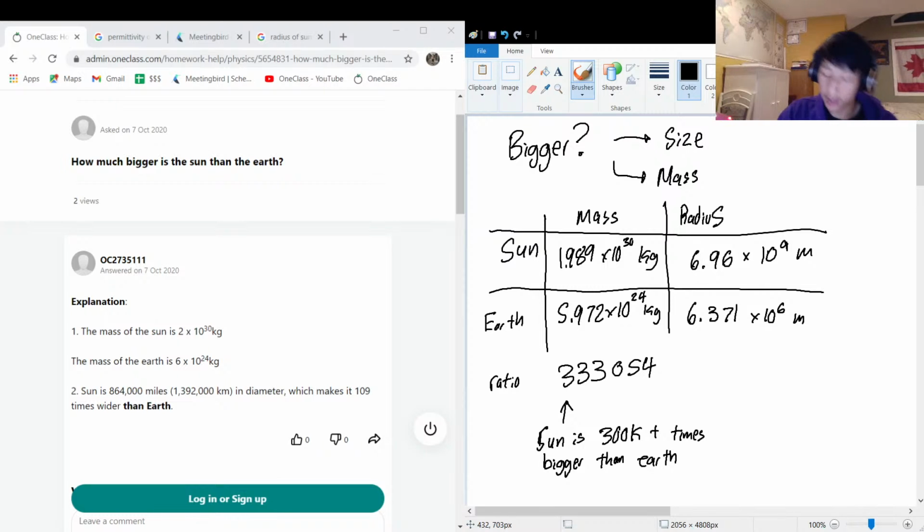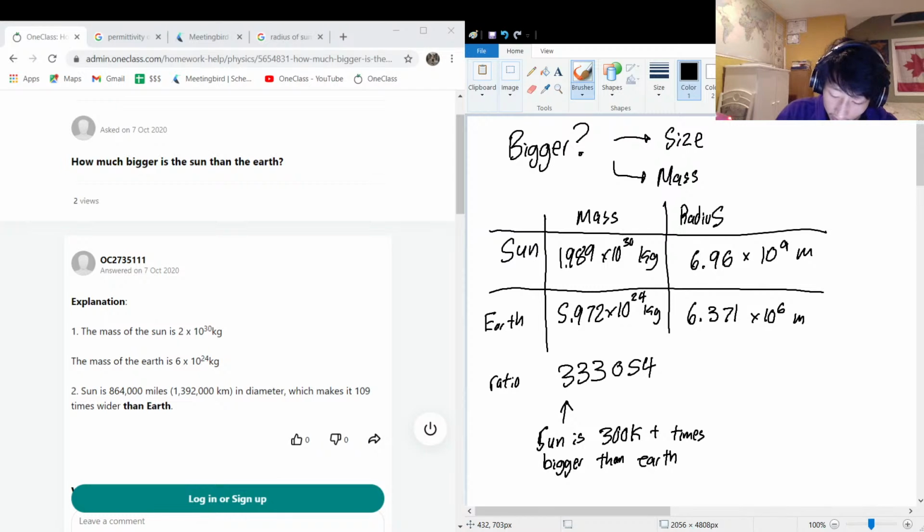And let's do a similar calculation for the radius. Now keep in mind those exponents, those orders of magnitude, is what those times 10 to the power of whatever are called. So let's do that quick math. 6.96 times 10 to the power of 9, divide that whole thing by 6.371 times 10 to the power 6.